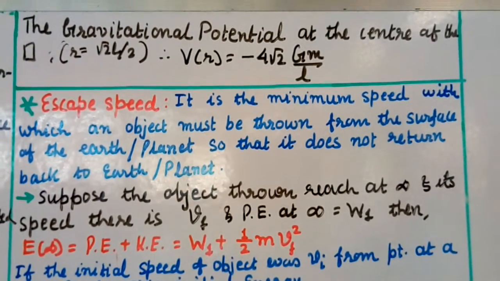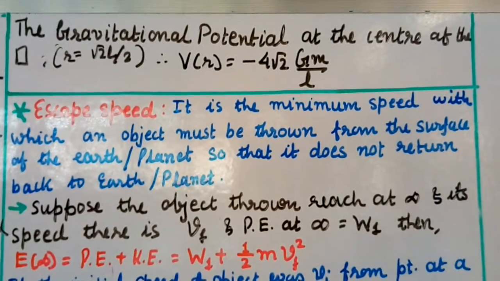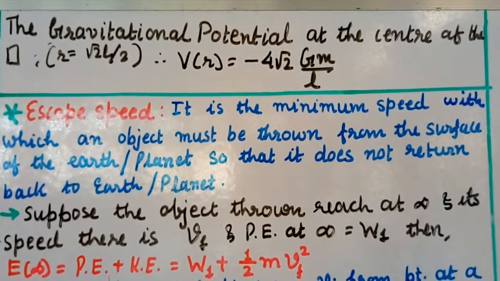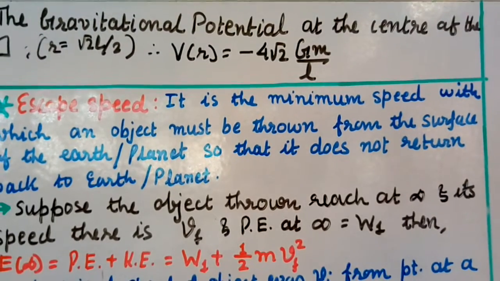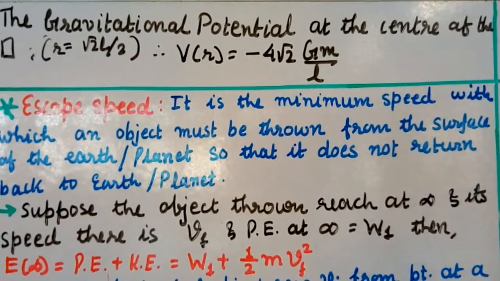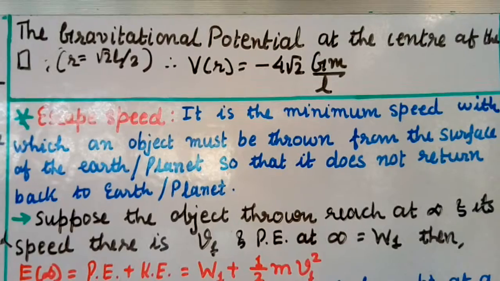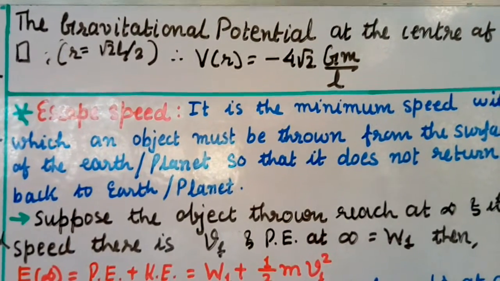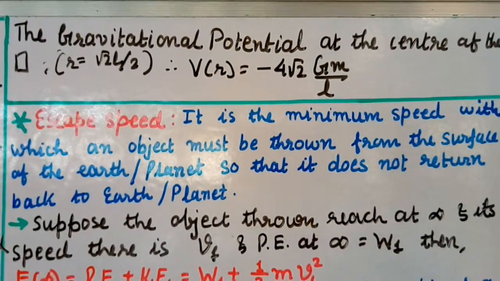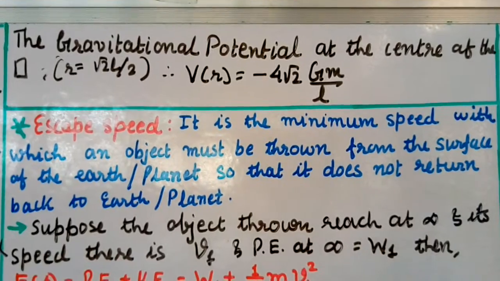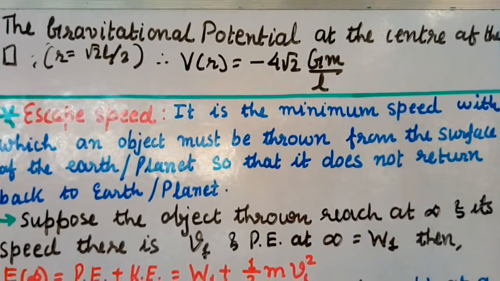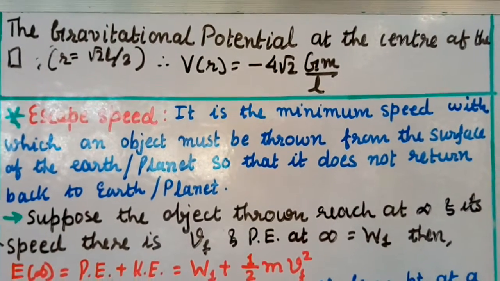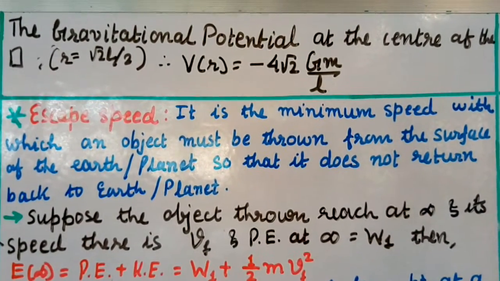So it is the minimum speed required for an object to go away from the earth's gravitation, or any planet's gravitational force. You know that if you throw any ball or any object, it comes back, but now you want it to escape from the earth's gravitational force. That means you need to give that much speed which will allow the object to go out of the earth's gravitational force.